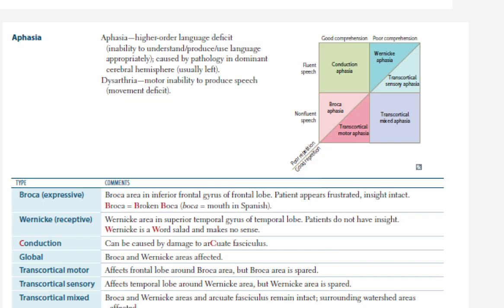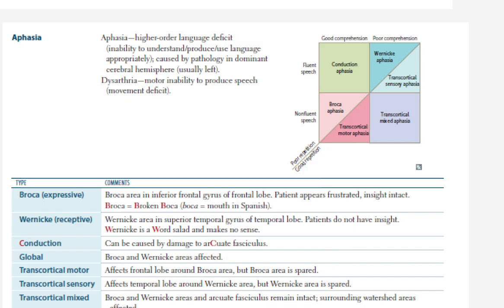So an example would be a stroke affecting the corticobulbar tract, or Parkinson disease, or myasthenia gravis, or Bell's palsy, right? These are examples where you have dysarthria, where the patient knows exactly what they want to say, but they can't move the lips or tongue or palate or vocal muscles properly. Language is completely normal here, but aphasia is where the language deficit is the problem, right?